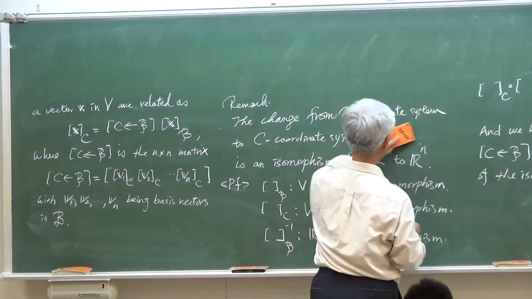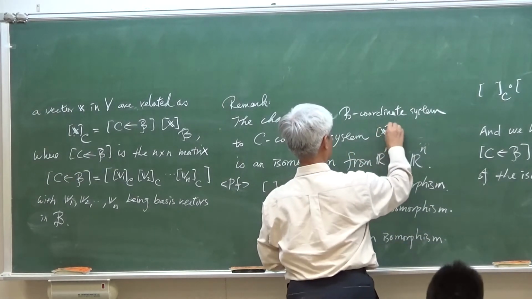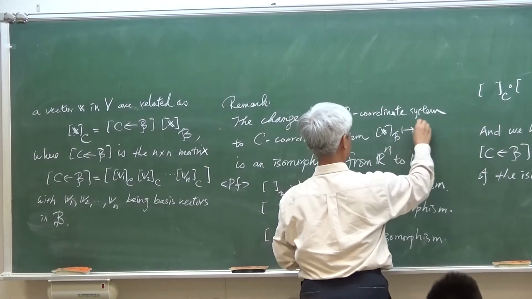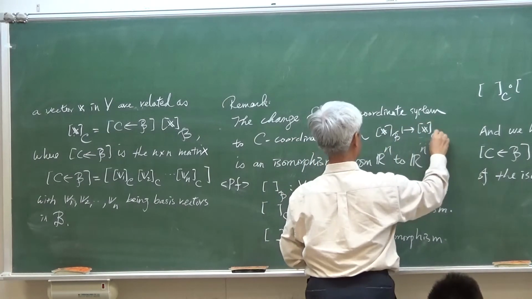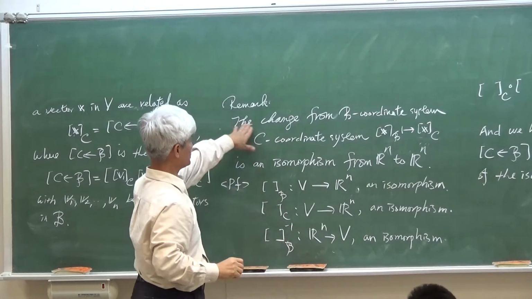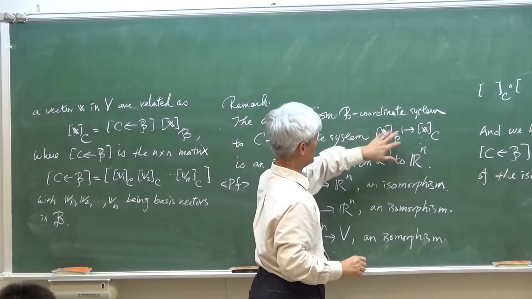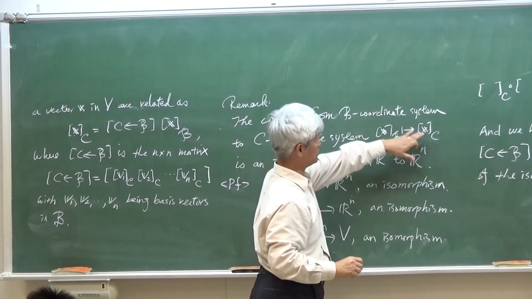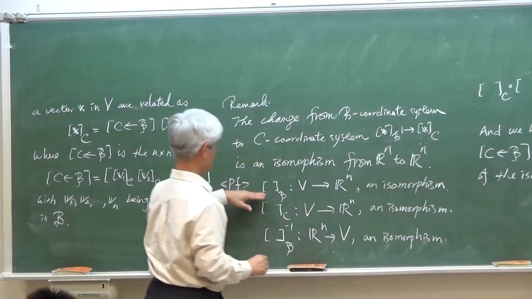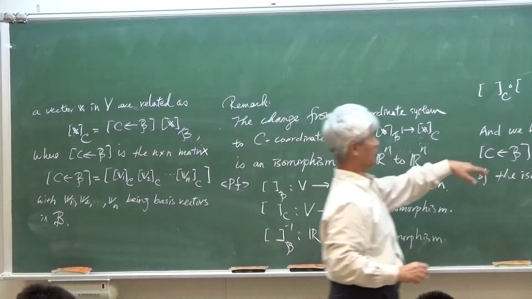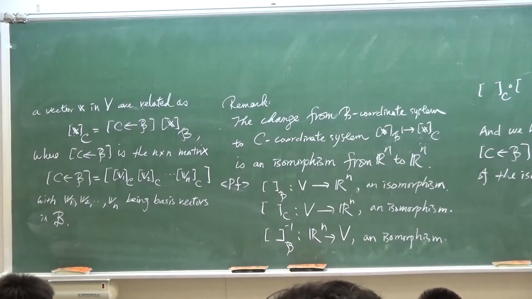Maybe it's more clear this way. So the change from the B coordinate system to the C coordinate system, the change from this coordinate vector to the C coordinate vector. Okay, it's clear.